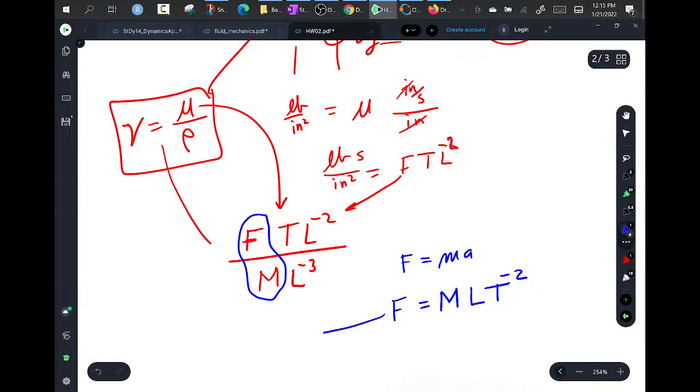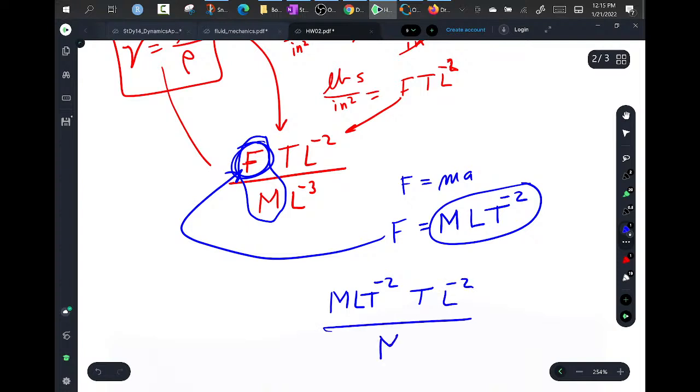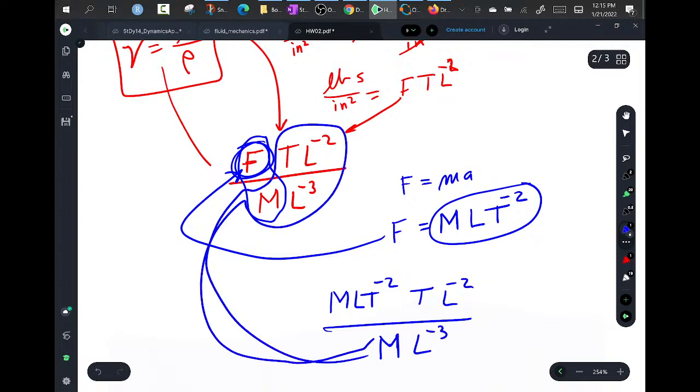So if I want to get rid of the force here, I can put this in and replace it there. So let's see if I can do that. M L T to the minus 2, I'm putting that in. Then I've got my T, then I got my L to the minus 2, then I got my M down here, and then I got the L to the, so what I'm doing is copying these and going right here.